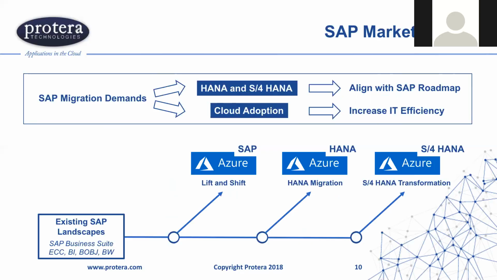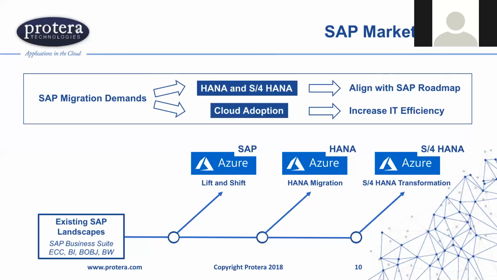That would be going to HANA as a database platform and going to S/4HANA as the application. And if you aren't aware, S/4HANA utilizes the HANA platform as the database. So S/4HANA includes HANA also. So that's the SAP alignment. You would do either the technical migration or the application migration.